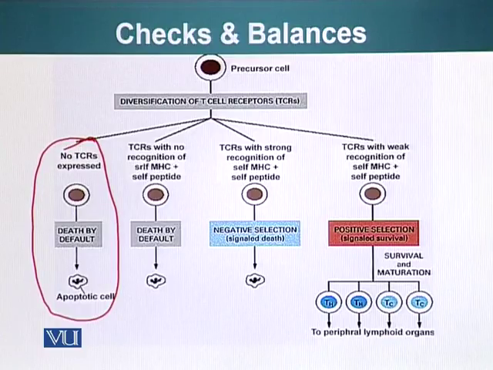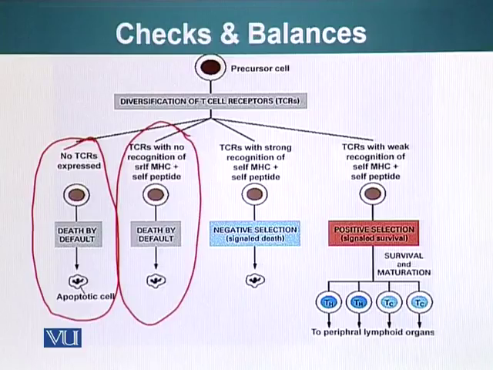TCRs with no recognition of self MHC or self peptide also go through apoptosis, because although these T cells have a T cell receptor, it does not recognize self MHC or self peptides. We don't need these type of T cells either.